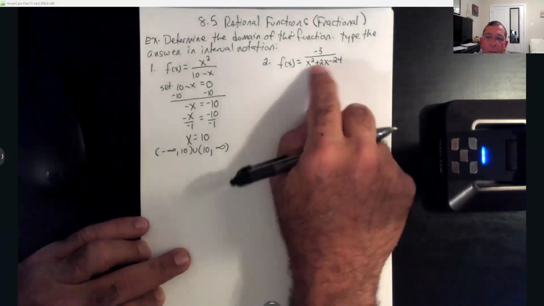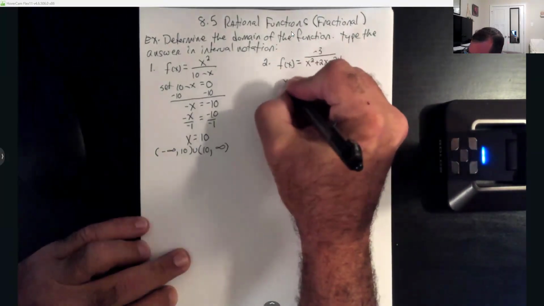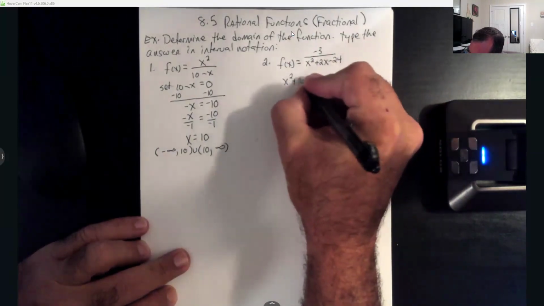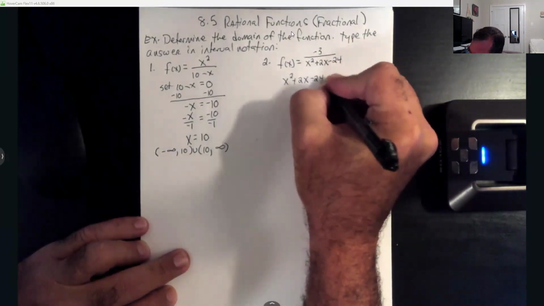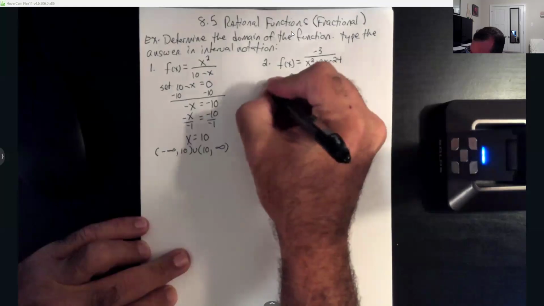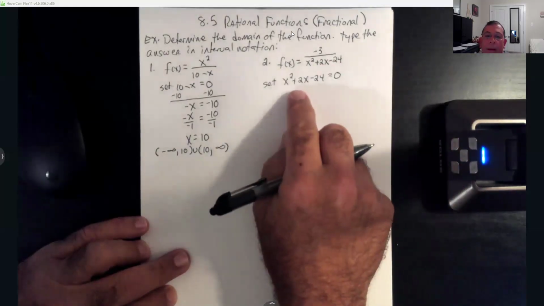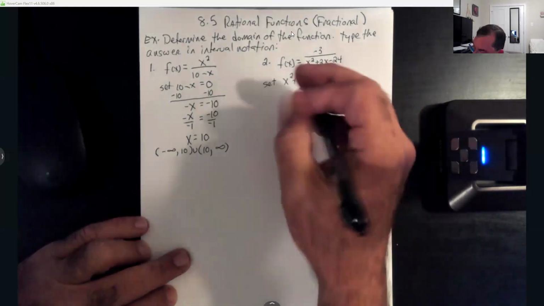All right, so for this one, I'm going to set the denominator equal to 0, and then I'm going to solve this by factoring.